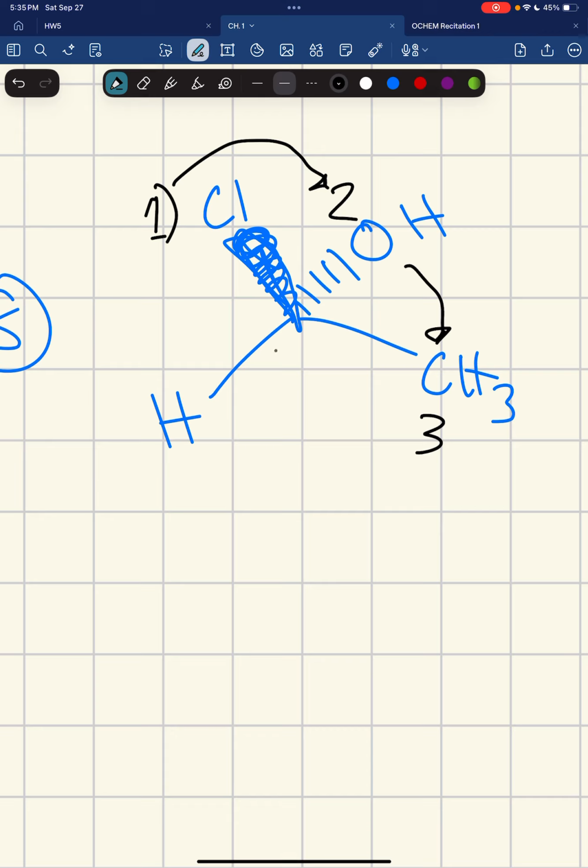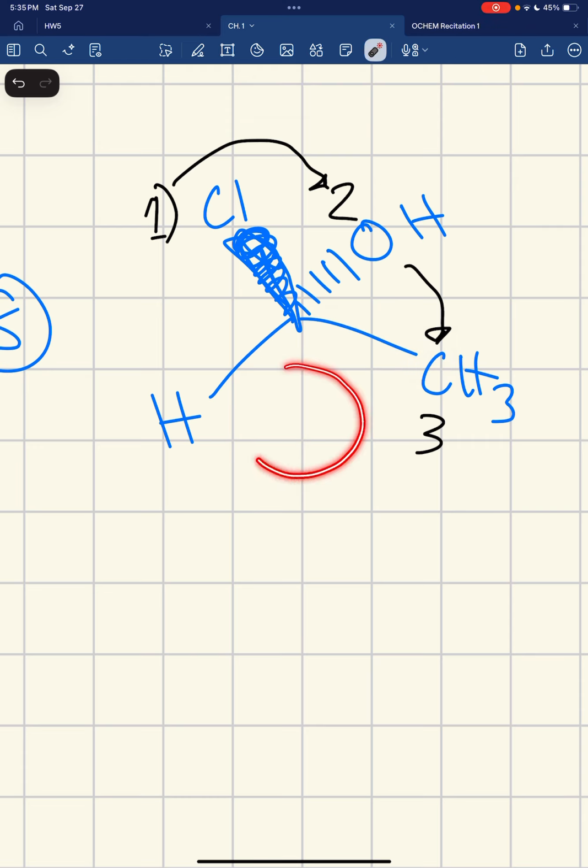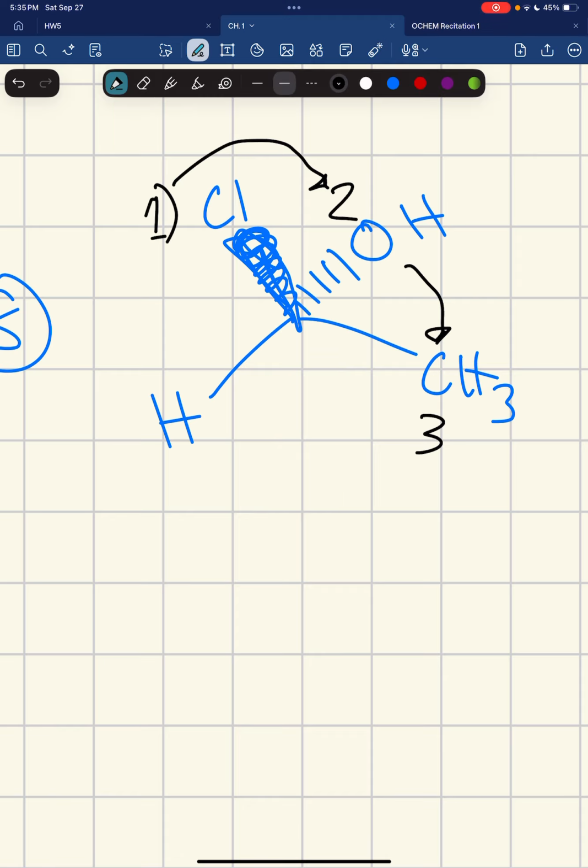So this one is just facing left. If you can imagine the whole molecule rotating this way, flat on the horizontal plane, then you could almost imagine the Cl is now coming out normal, the OH is normal, and this methyl group is right there, and the hydrogen would be facing back.